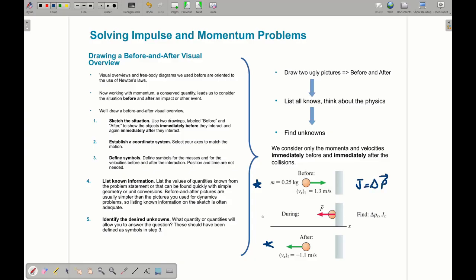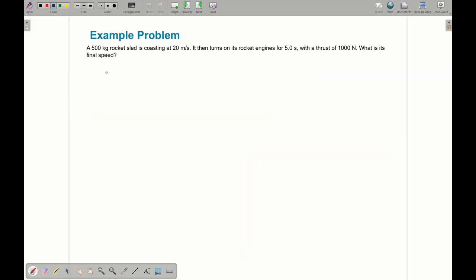We'll list all the knowns and find the unknowns. Here is an example. A rocket sled. That's a sled with a mechanism that pushes it if it wants to be pushed. So you are sitting here. It has a total mass of 500 kilograms.